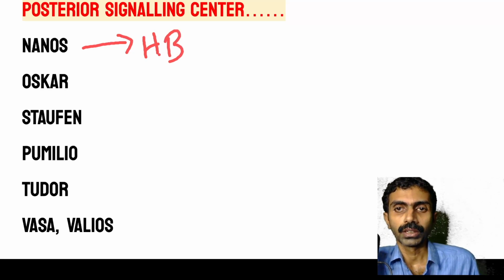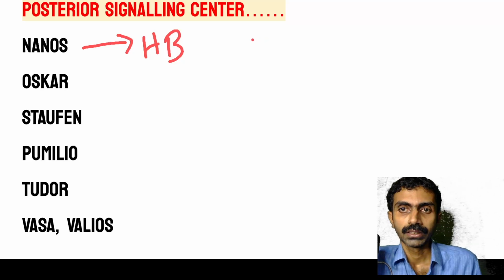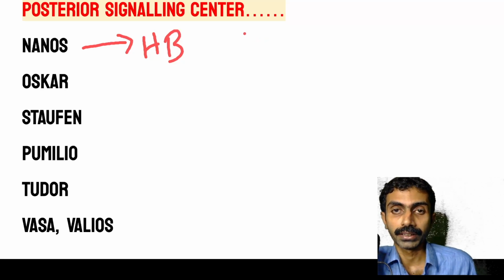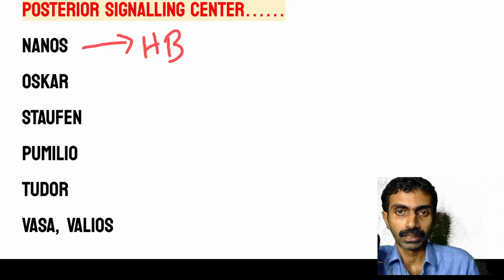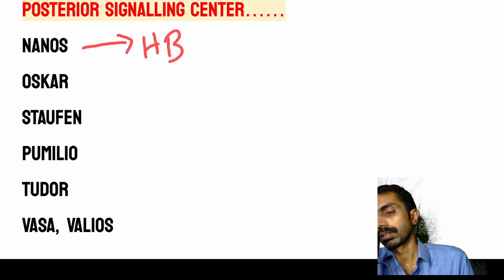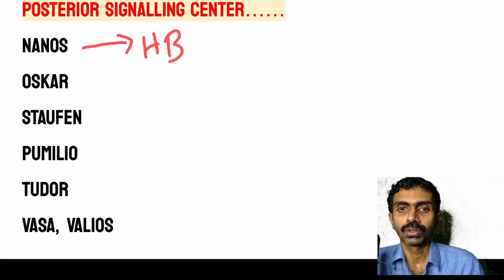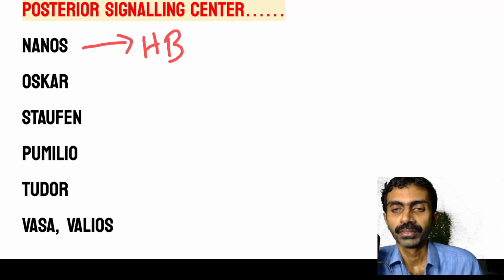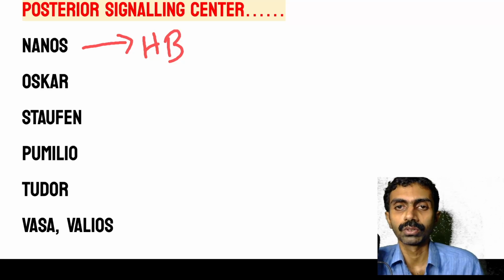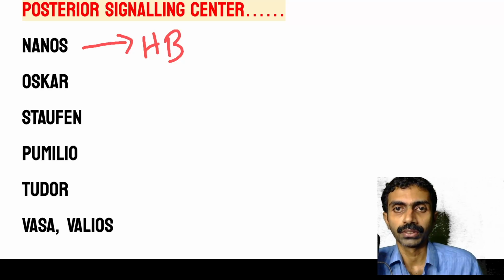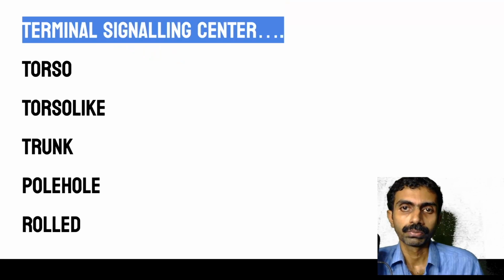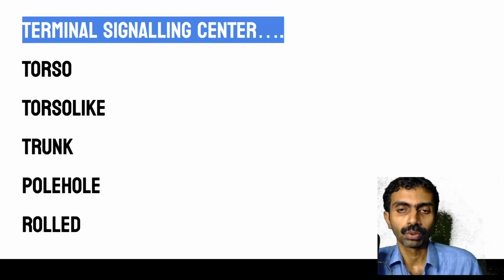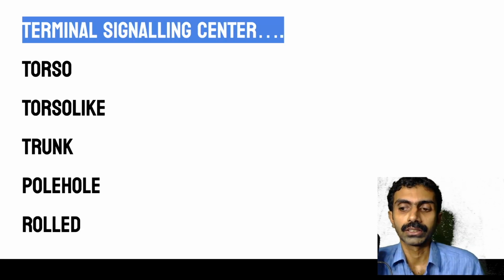And caudal doesn't need any activator, unlike hunchback which bicoid activates. Other genes, Oskar, Staufen, etc., help in the localization of the nanos mRNA towards the posterior region of the egg. And finally, a terminal signaling center, which is involved in the acron and telson. The genes are torso-like, trunk, etc., which all help in the formation of acron and telson.